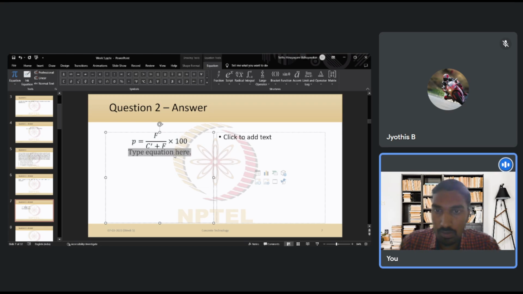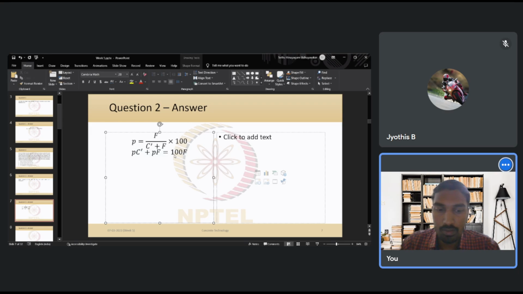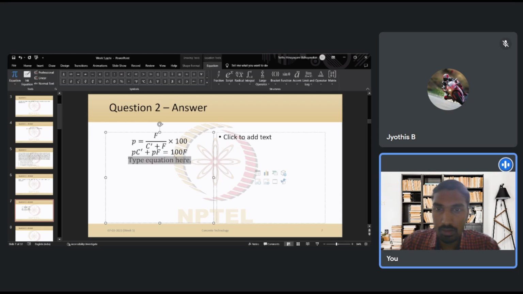If we simplify this, then it will be P C prime plus PF is equal to 100F. From this we can write 100 minus P, times F, is equal to P C prime.